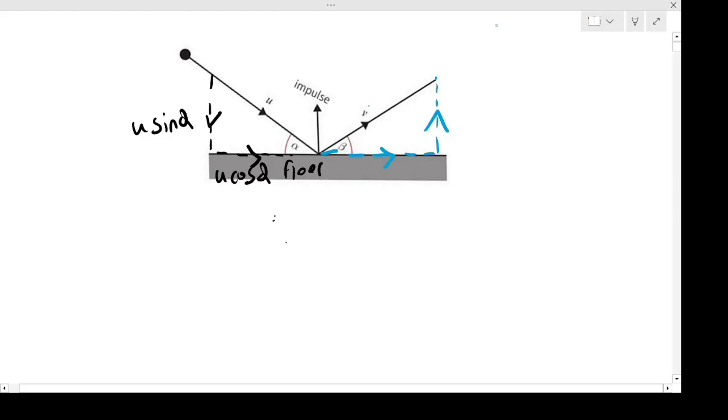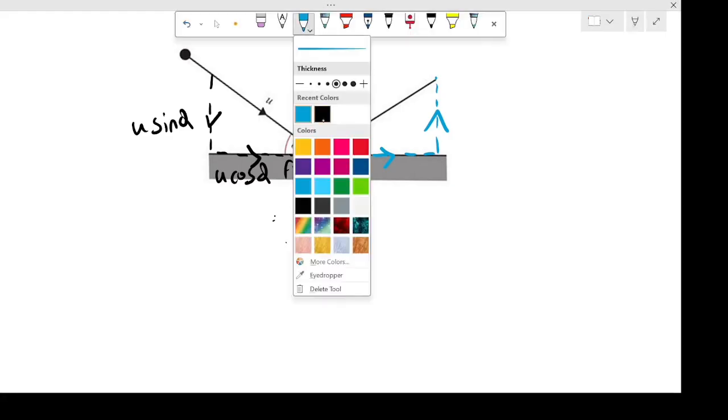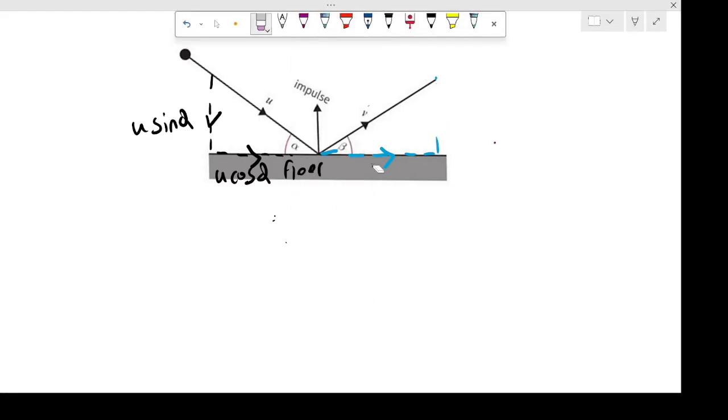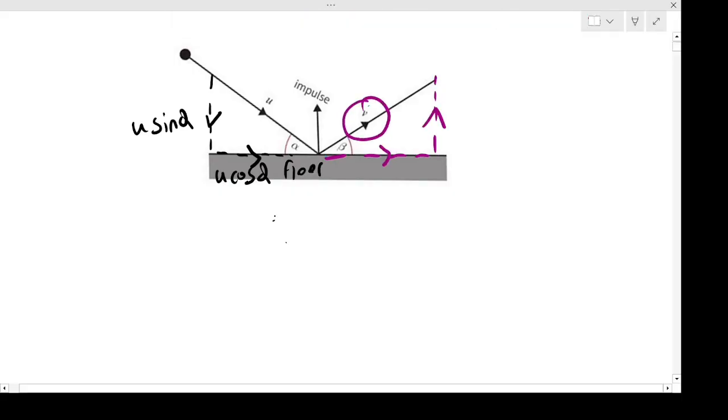It might be a bit hard to read, my apologies, so if I do it in purple, I can go straight across and straight up, and that achieves the same direction. So I'm splitting it horizontally and vertically. Again, this is going to be v cos beta, and this is going to be v sine beta, in the same sort of way. That's generally the idea: we want to split up these speeds or velocities in this way.